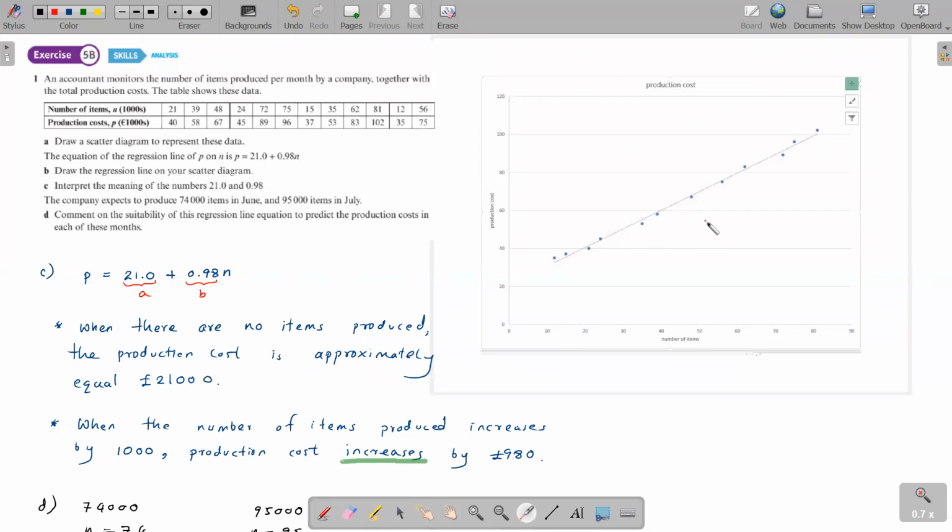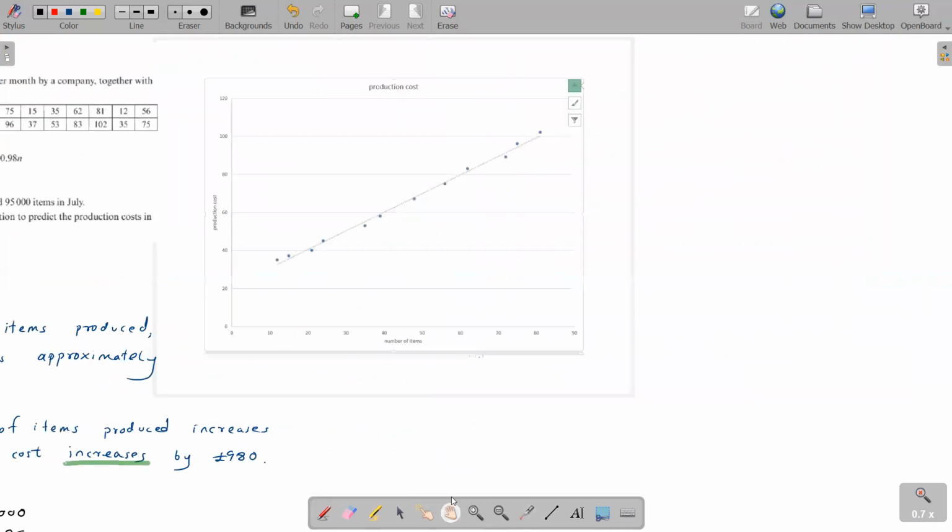You should not use this to predict anything outside the range, because, guys, you need to understand this line is adjusting itself to every single point. I'll show you the calculation in the next exercise. But this line is taking every single point into consideration.